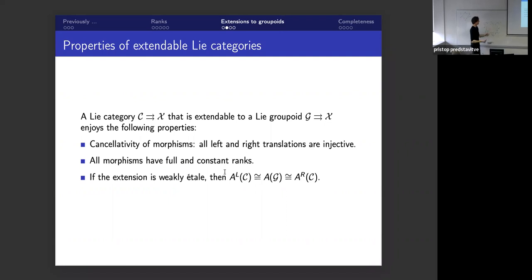So again, what we do is differentiate this diagram. Now take the kernel of the differential at the appropriate unit, so 1x, at any unit.